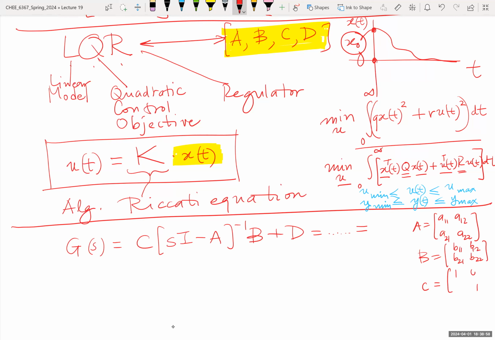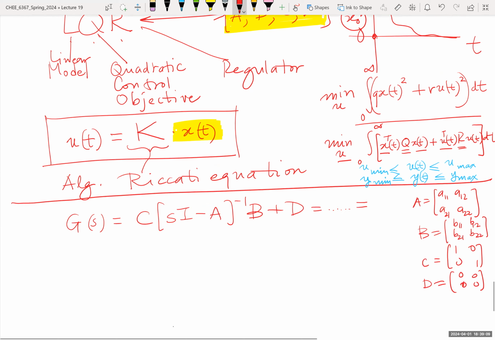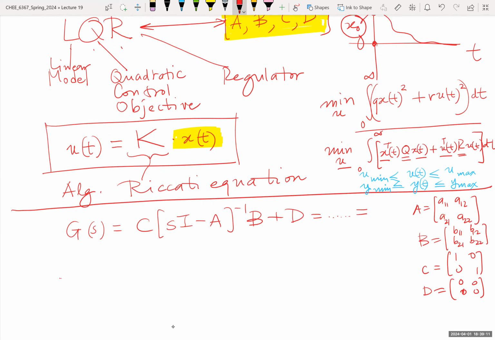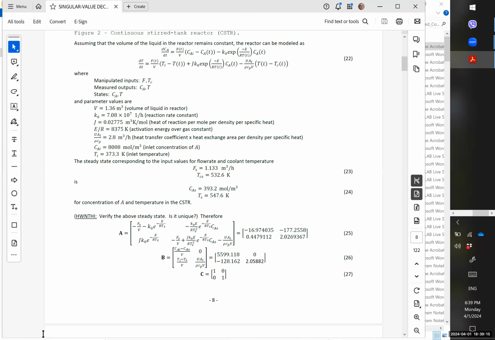It's 1, 0, 0, 1, so D is easy, 0, 0, 0, 0. Okay, so it's fairly easy. It can be done by hand in 5 minutes. It's not a big deal. The result you're going to get is lengthy, so I'll copy from the notes so we can save some time.